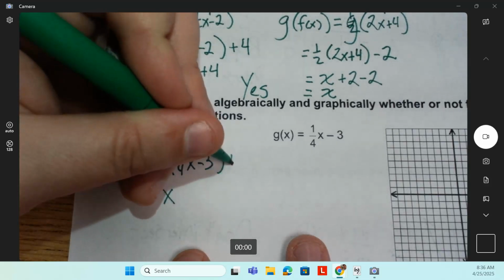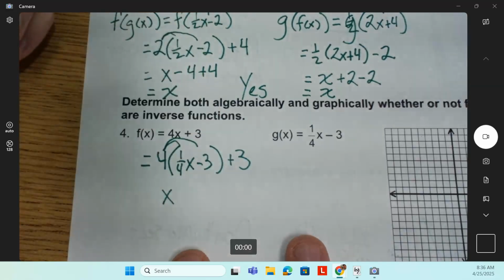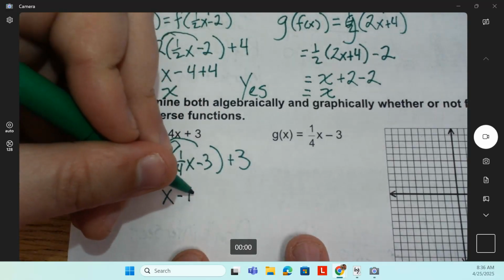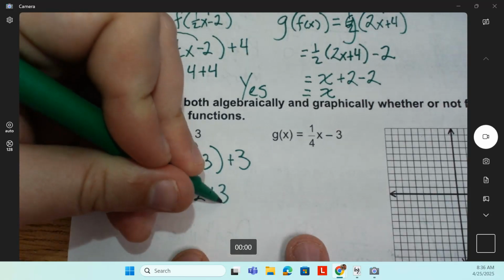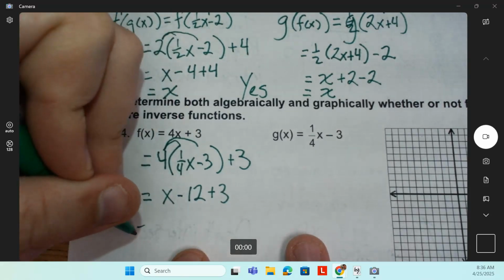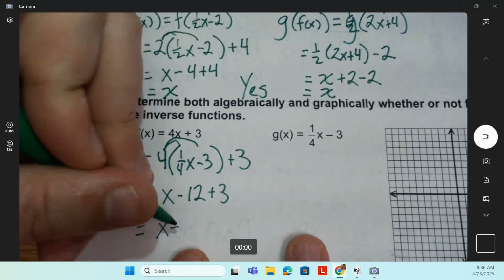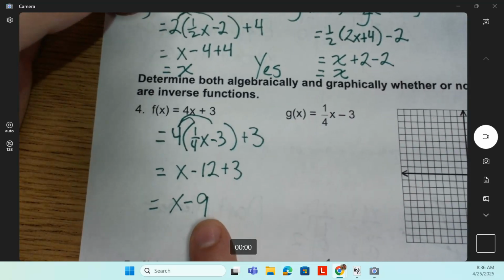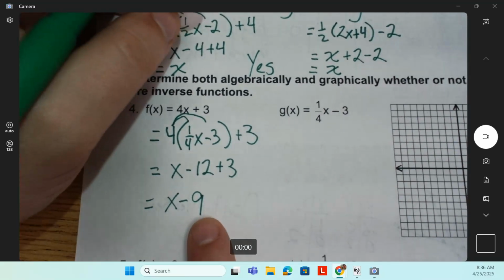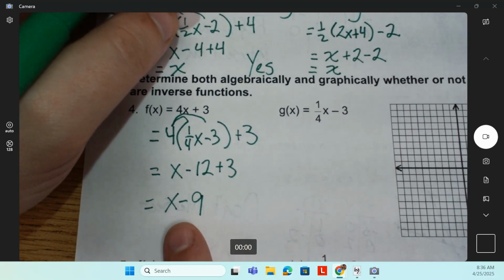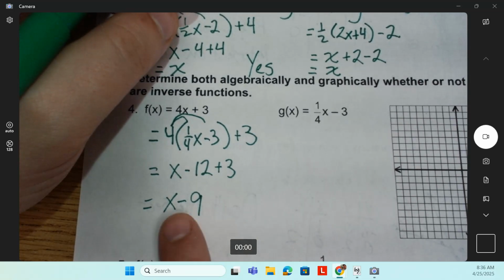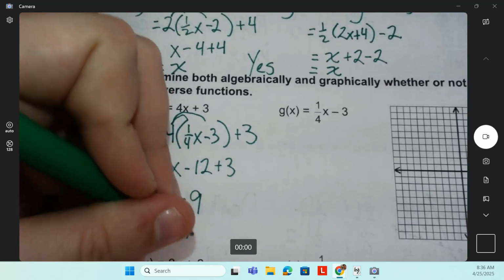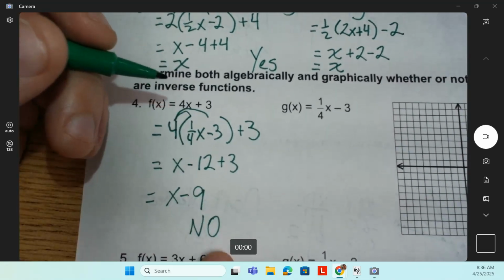Oh, and then can't forget the plus 3 there. 4 times negative 3 gives me negative 12 plus 3. And that equals x minus 9. Okay, the good news here, not good news because it's not an inverse, but if I work this one out and I don't get a value of x, I can go ahead and stop there and say, no, that's not a function.